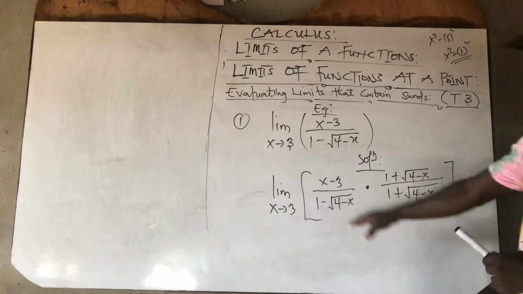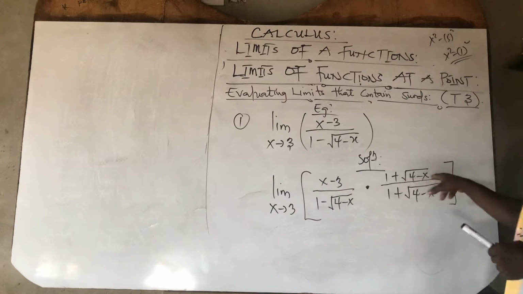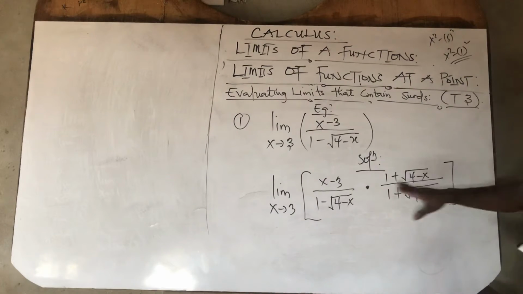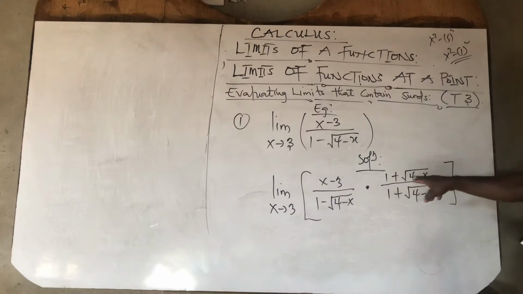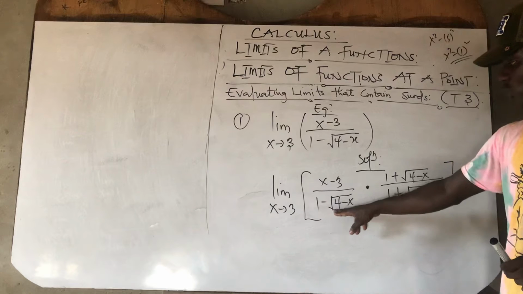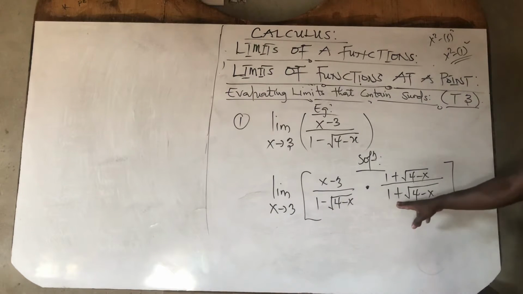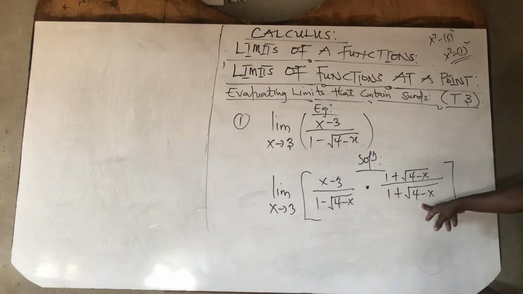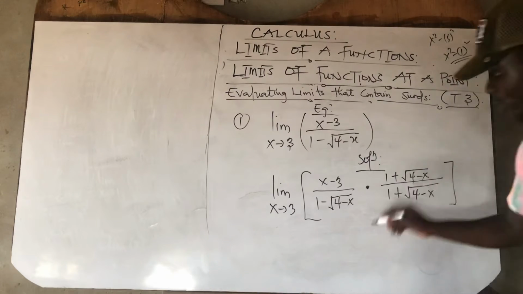So now we have what? x minus 3 times this. That's multiplication of fractions. So x minus 3 times 1 plus square root of 4 minus x. Then 1 minus square root of 4 minus x times 1 plus square root of 4 minus x. Right? So let's see. Watch here.